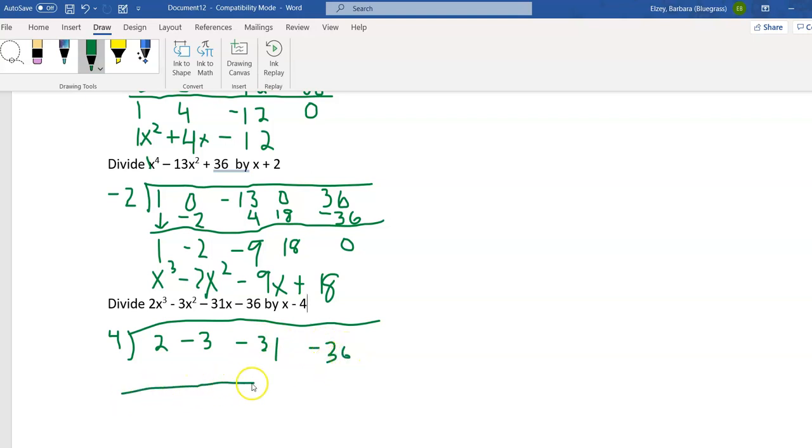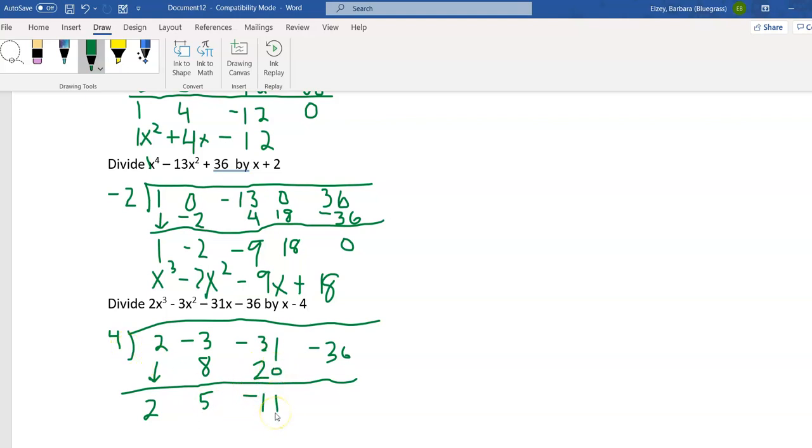And now let's start our process. First, the first number comes all the way down. Now multiply, add, multiply, add, multiply, add. So 4 times 2 is 8. Add, we get 5. 4 times 5 is 20. Add, we get negative 11.